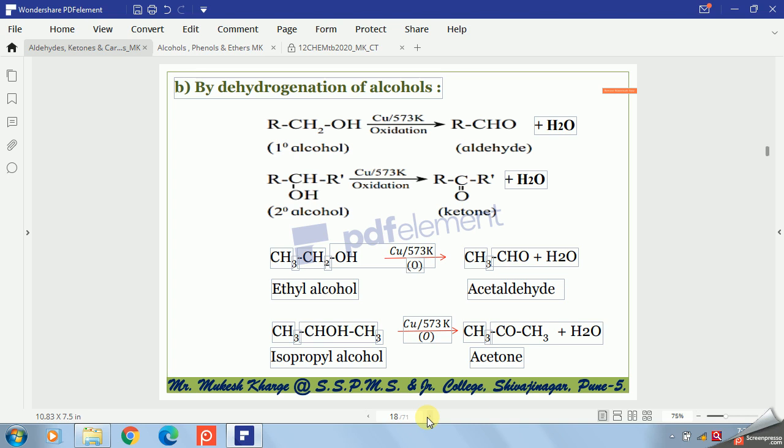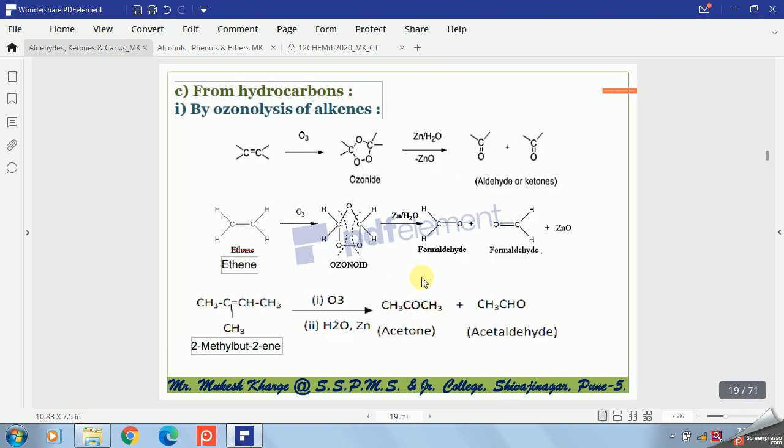So primary alcohol gives aldehyde, secondary alcohol gives ketone, and we can use the same example, or you can take another example of primary and secondary alcohol. Dehydrogenation means oxidation, the only change is the reagent is copper at 573 Kelvin, it is also an oxidation.